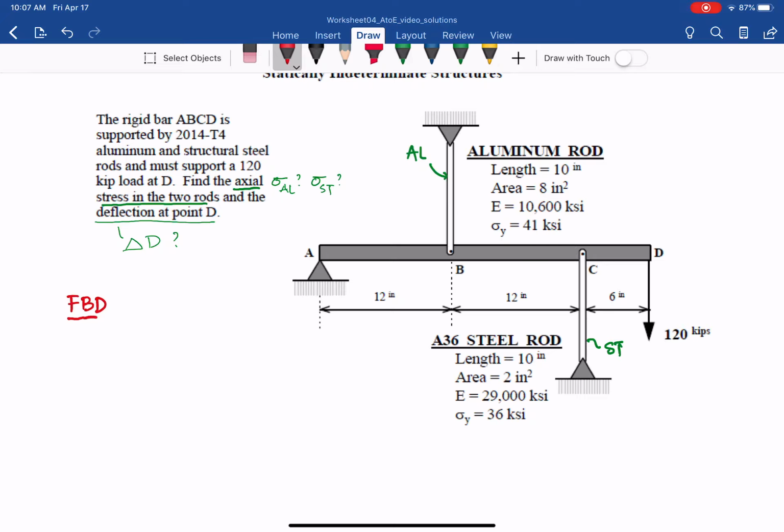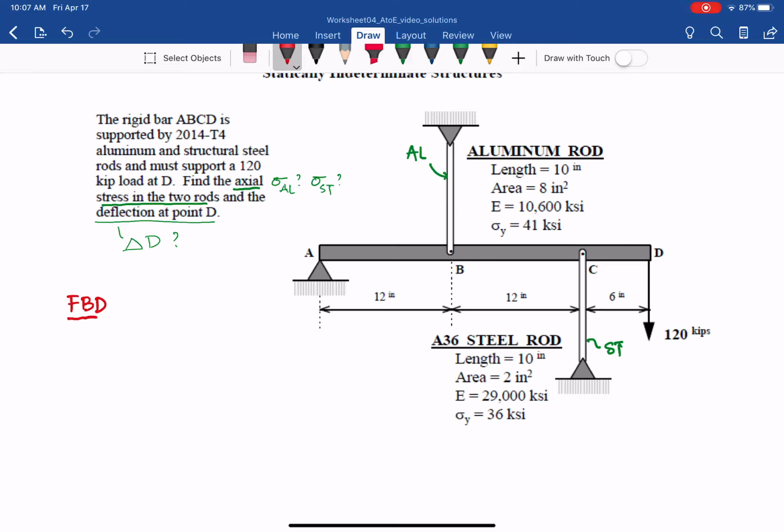So as you saw in the demonstration about the compatibility diagram in the lecture, if we apply the load of 120 kips at point D going down, then because ABCD is rigid, it will be going down, but still keep the same straight member.